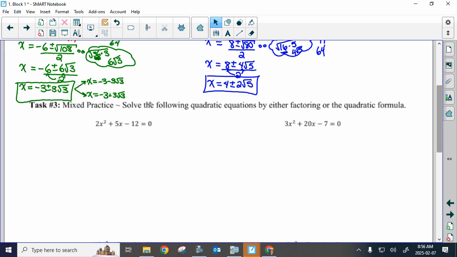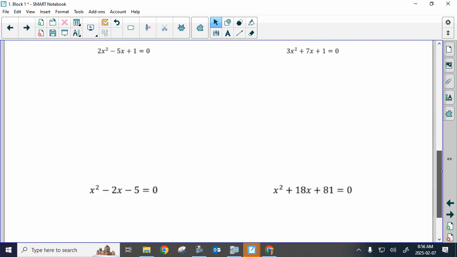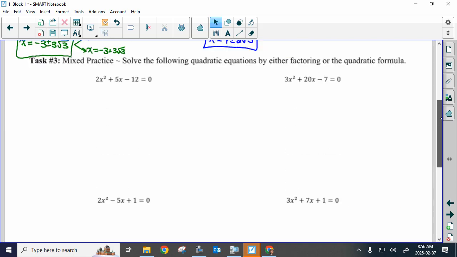Okay, so we have 6 mixed practice questions right here. Basically it's 6 questions where it's either solved by factoring or solved by quadratic formula. Always try to solve by factoring first, and if it's not factorable, then go to quadratic formula. I want you guys to take just a little bit of time right now and practice your factoring on 6 questions.